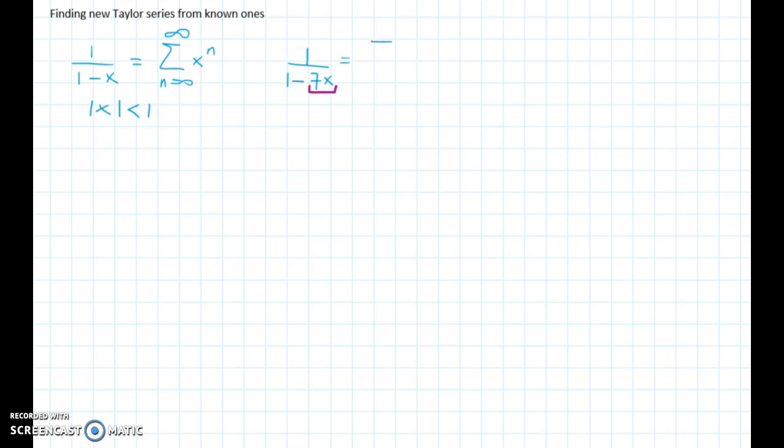So the sum is still from 0 to infinity, and instead of having x to the power of n, what we have to the power of n is 7x, sorry. So we could write this sum from 0 to infinity, 7 to the power of n, x to the power of n. So that will be our new power series.